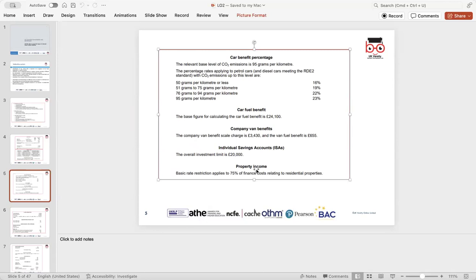This means that only 75% of finance costs, such as mortgage interest, are deductible from rental income when calculating taxable profits. Understanding these aspects of taxation can help individuals and businesses make informed decisions about their finances and ensures compliance with tax laws and regulations.